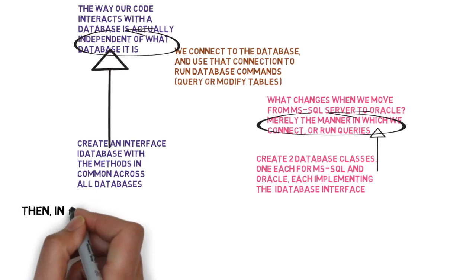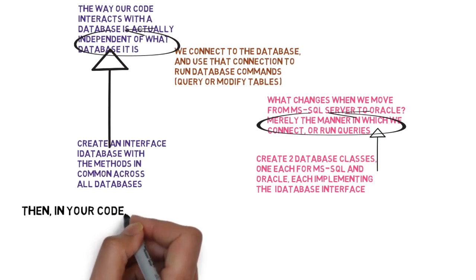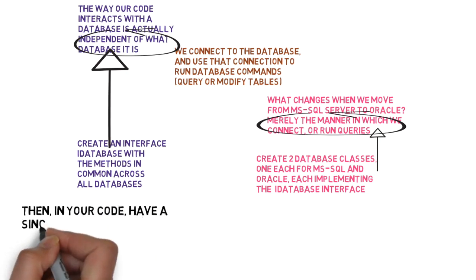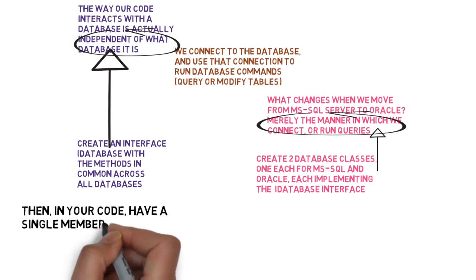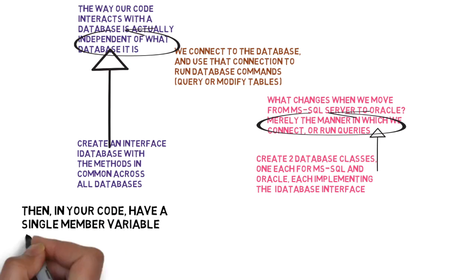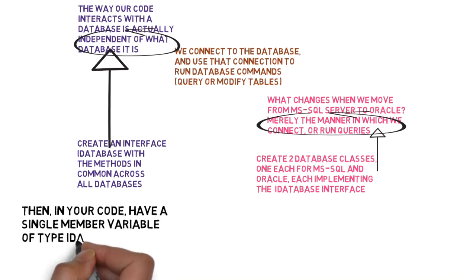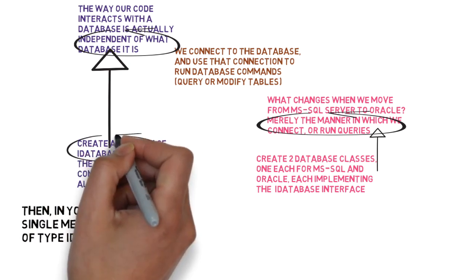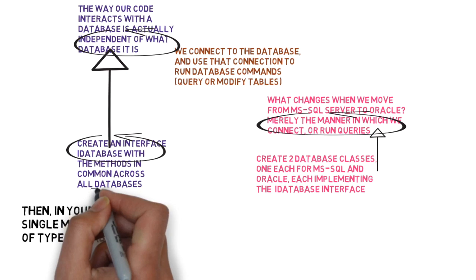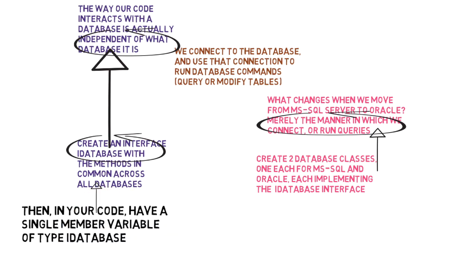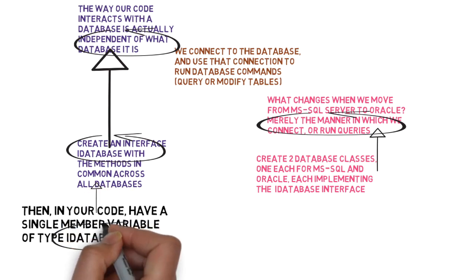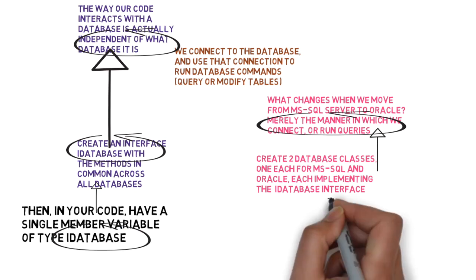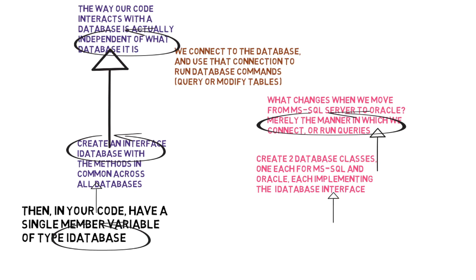Now that we have the iDatabase interface and the two different implementations, in our client code, we'll have a single member variable of type iDatabase. Remember, it's important not to reference the implementations directly. We're only interested in the interface and all the methods that this interface exposes. So we have an iDatabase, a single member variable.